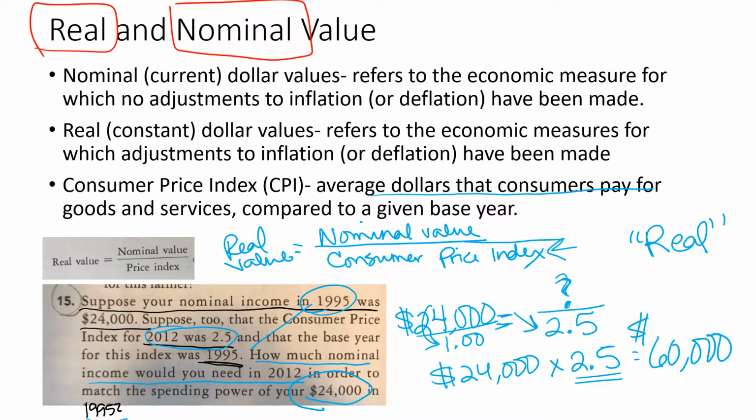So we need to be making $60,000 in 2012 to match our $24,000 in 1995, because the consumer price index is now at 2.5. So we need to make 2.5 times more money. Okay, I hope that's a little bit clearer. It is a confusing concept, but hopefully that helped you out.